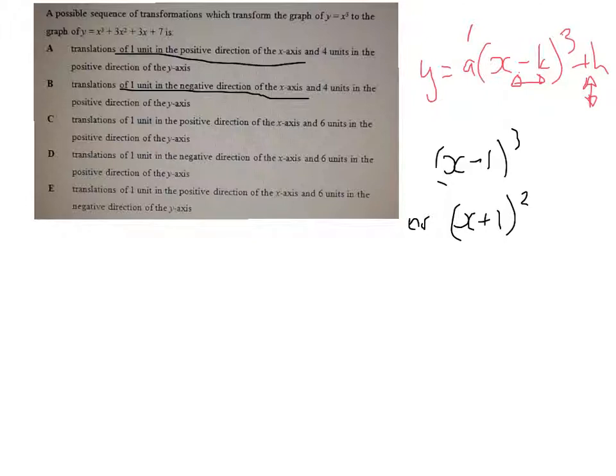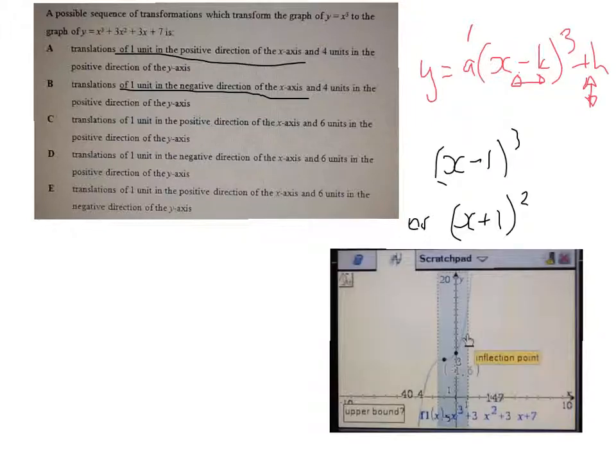Obviously the easiest way of doing this is to actually get your graphing calculator out, your CAS calculator out, and plot a graph of it, which I've done here. And let's just get this photo up, which you can see here.